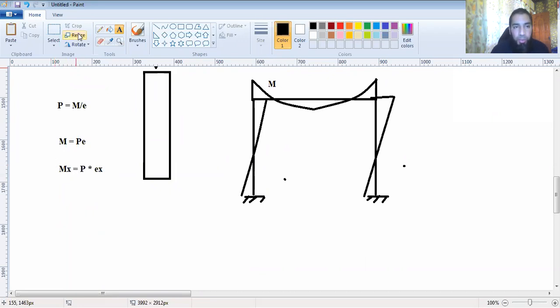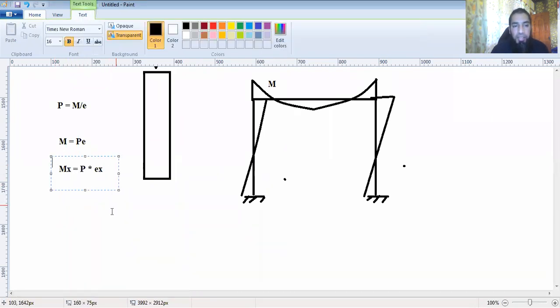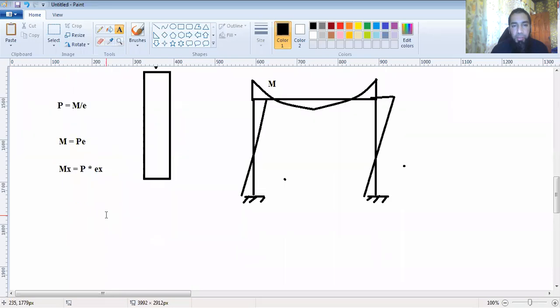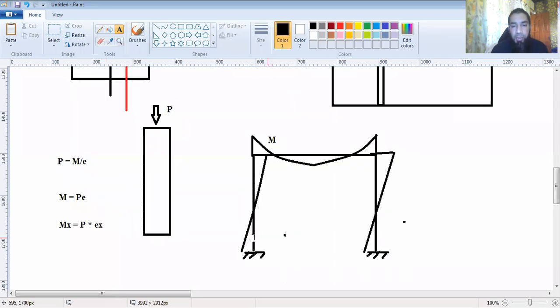This moment Mx is what you get as the maximum moment, but the same amount of moment will be transferred to the bottom of this section, or it could be less than that. The amount of moment transferred to the bottom could be equal or less.